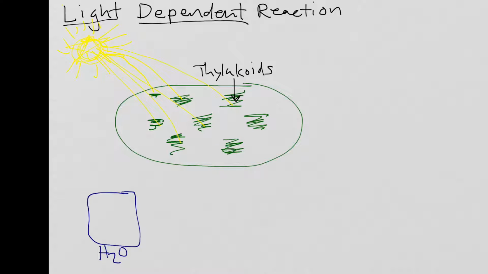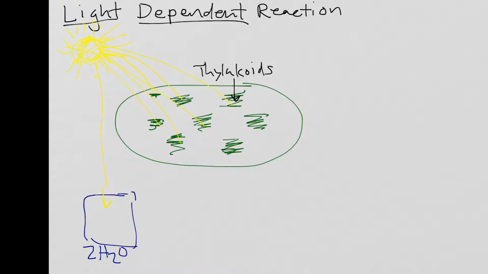So here we have one of those, okay, and there is going to be an H2O, and there's actually going to be two of those that we start out with. And what happens is that our light shines onto that, hits it, and it starts to shake as the light's hitting it.